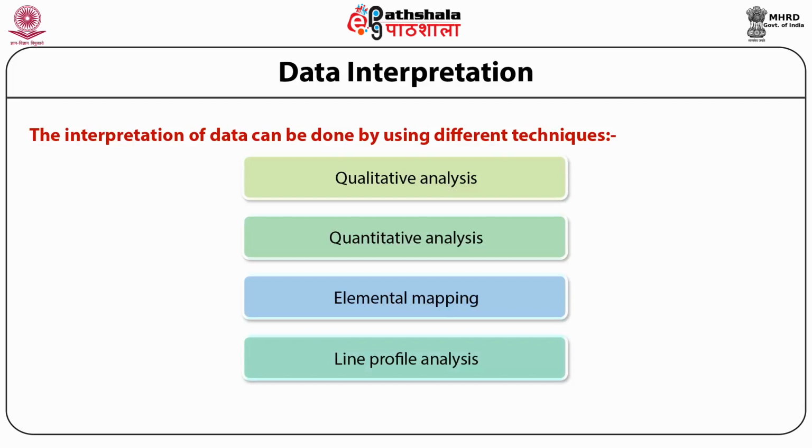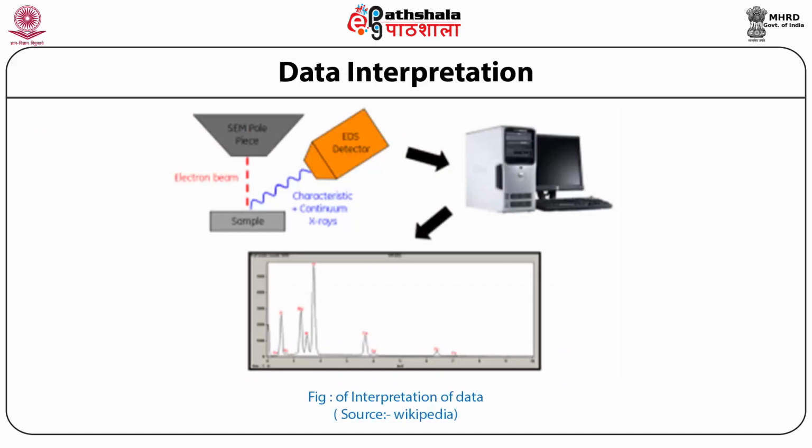We will be discussing each one of the above techniques in detail in the subsequent slides. The diagram in the slide shows how data is being interpreted. We have samples from which characteristic X-rays are being generated, which are further analyzed by a detector, and the final data is shown with the help of peaks.